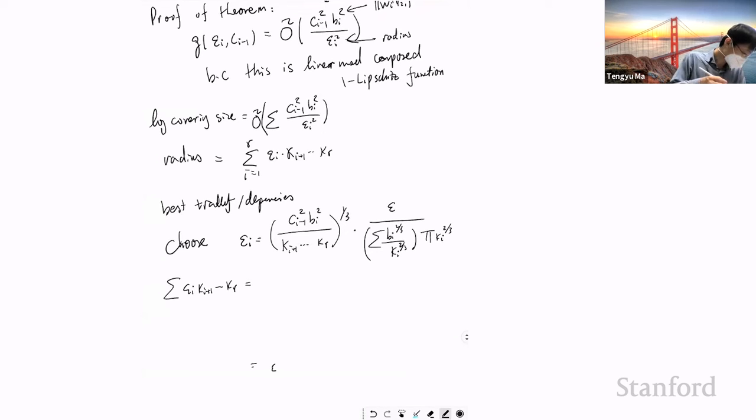And why is that? I'm going to do this tedious derivation for you, but I don't feel like you really need to verify it on the fly, or necessarily later. But just for the sake of completeness, let me do the calculation. You just plug in epsilon i here, so you get, I think, C_{m-1}^{2/3} b_i^{2/3}. This comes from these two terms.